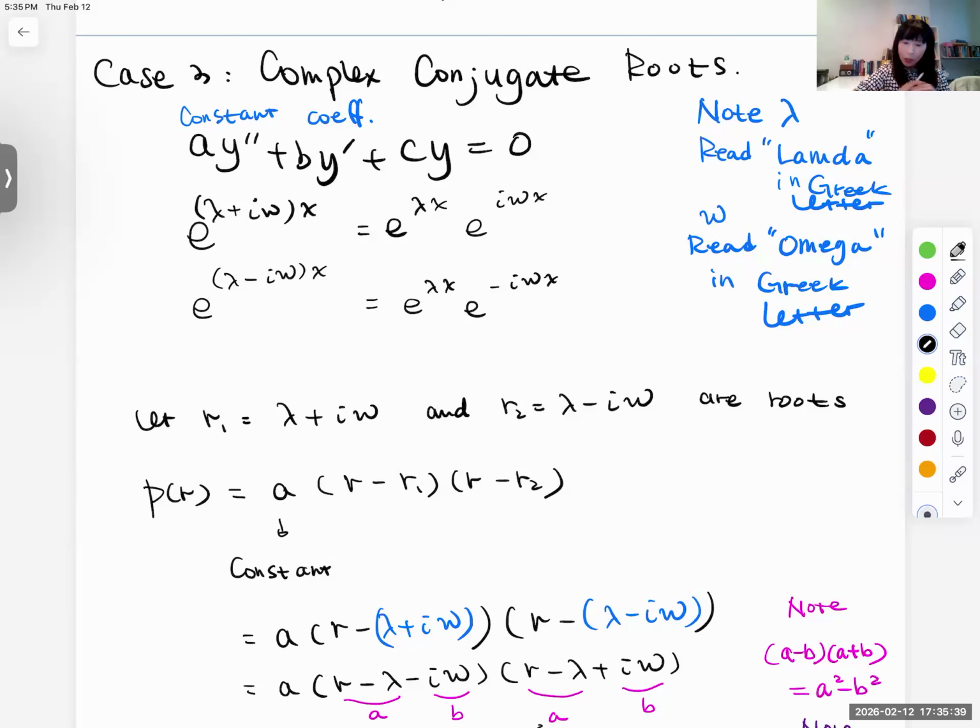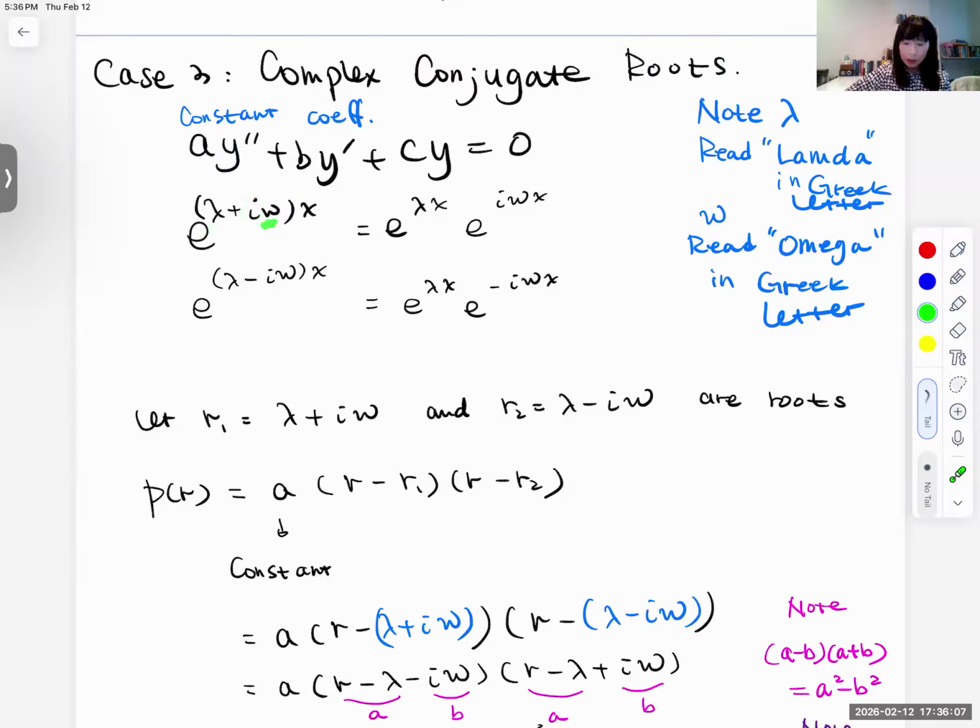Okay, now case 3, complex conjugate roots. All right? Okay, so we have a constant coefficient, linear second order differential equation. Yeah? Okay, now we have e to the, this we call lambda, Greek letter, plus i, which is a complex number, right?